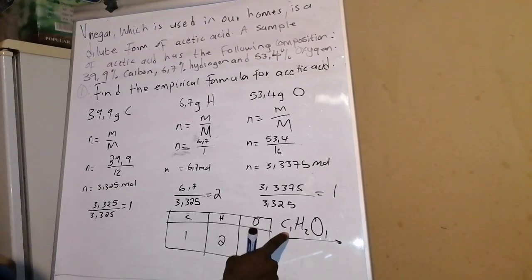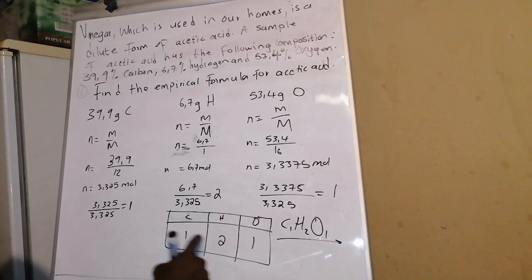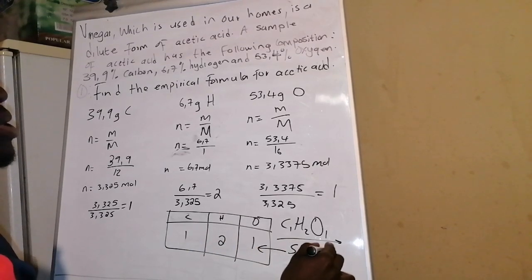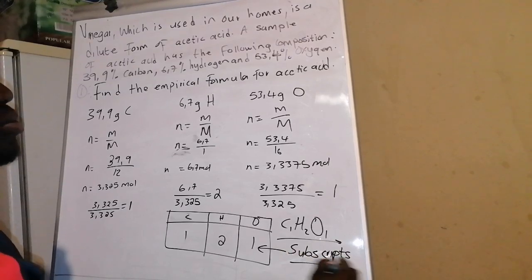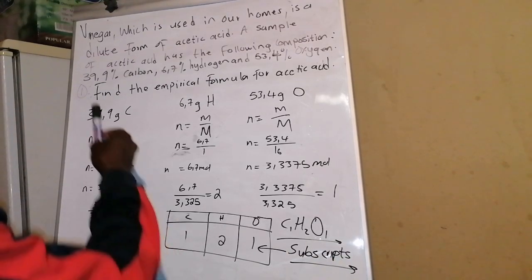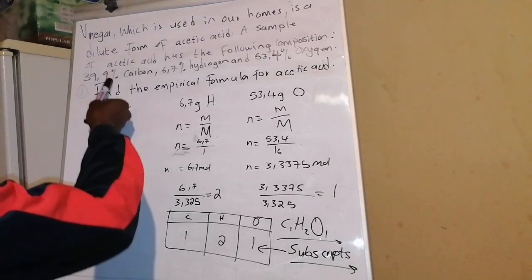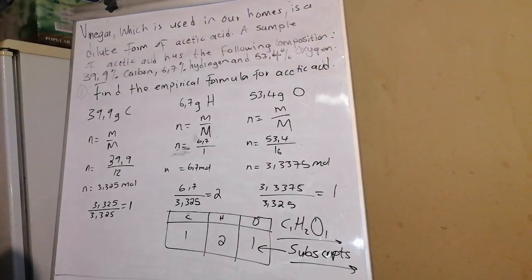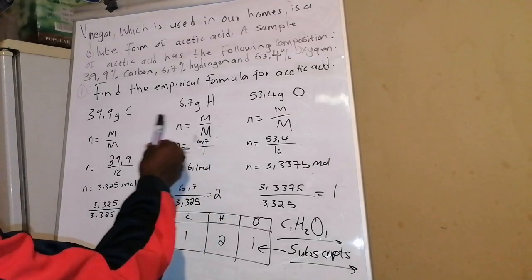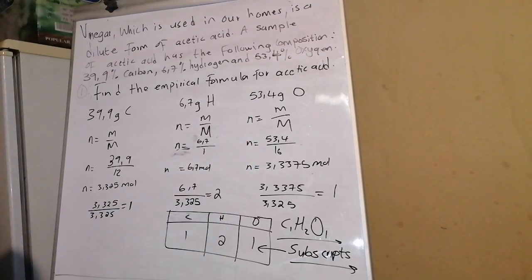So I'm just showing you that all the answers that you are getting here are known as subscripts. I hope you understand this. So the first thing you do is remove that percentage symbol by replacing it with grams. Then you find the number of moles for every element which you are given.